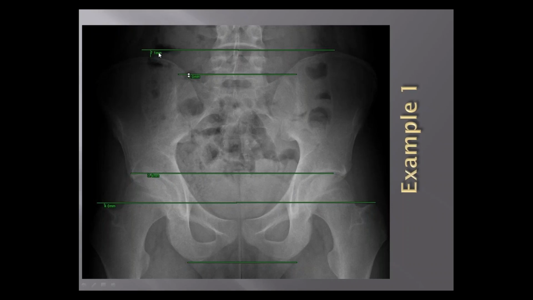And as we go up to the crest of the ilium, you'll see there's about a 7.1 millimeter difference. Now, what we would have said normally, anybody want to tell me what the small hemipelvis is on this particular person?